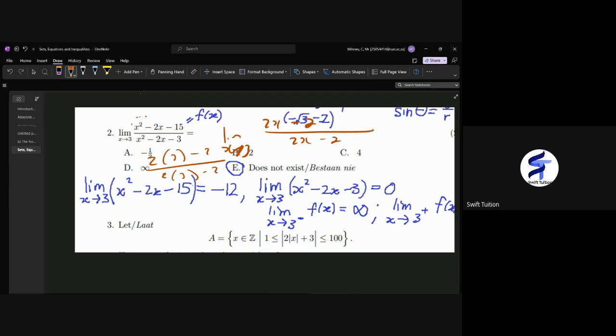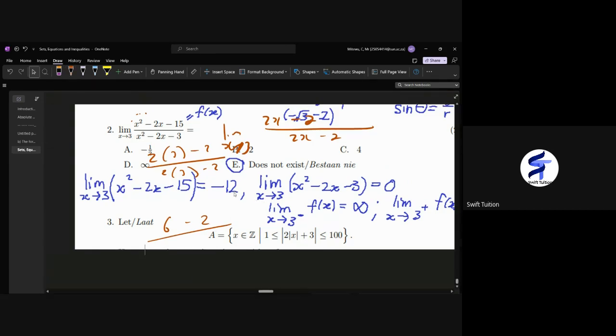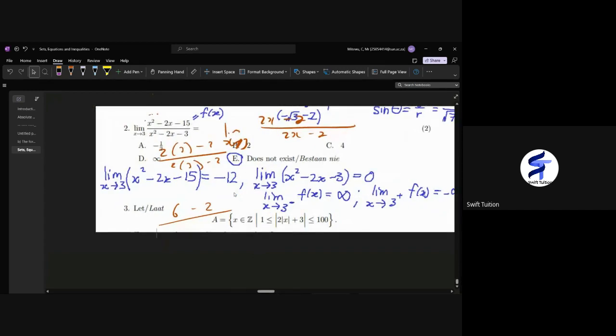Okay, I don't know why they're saying the limit doesn't exist. 6 minus 2 over 6 minus 2, unless I differentiated wrong. Okay, I'm probably making a mistake somewhere. Let me think. x squared minus 2x minus 15 over x squared. That's 2x minus 2.